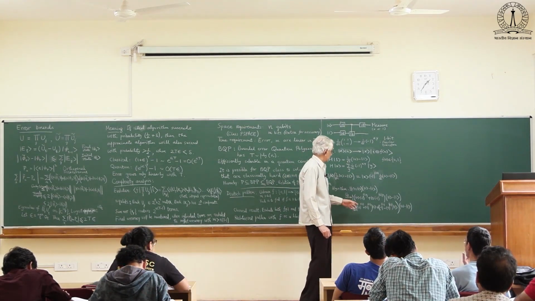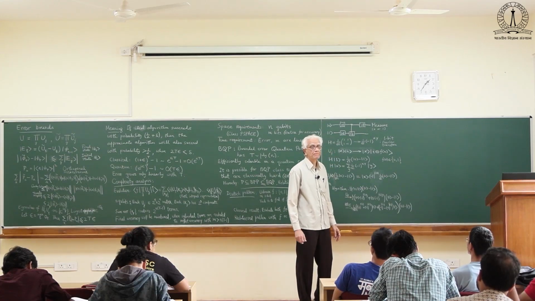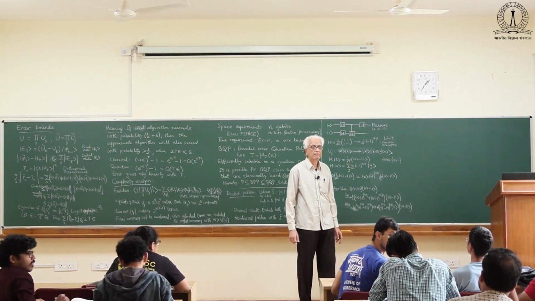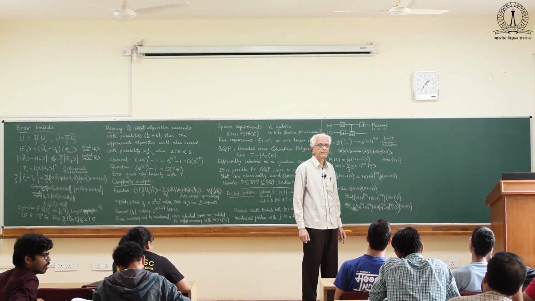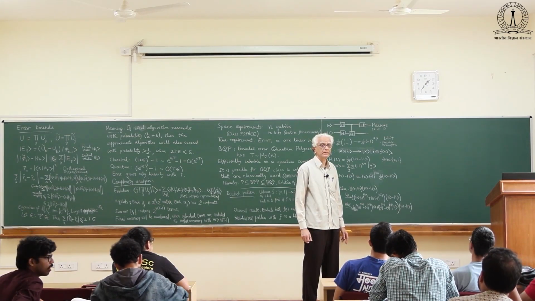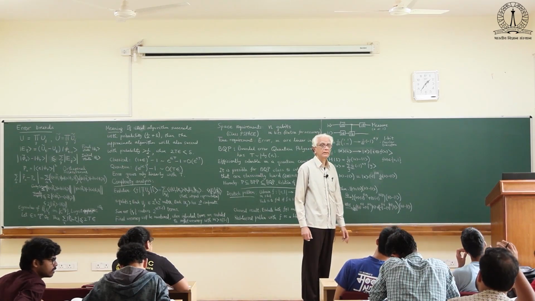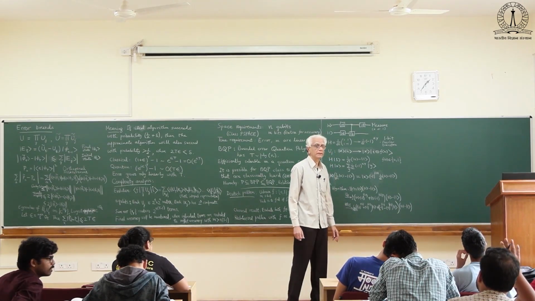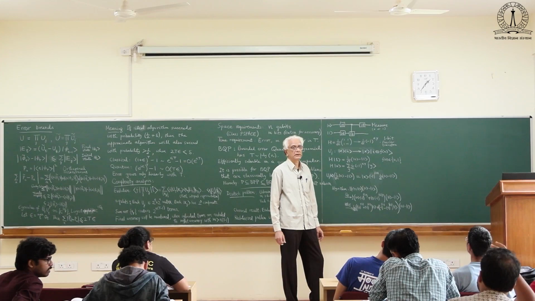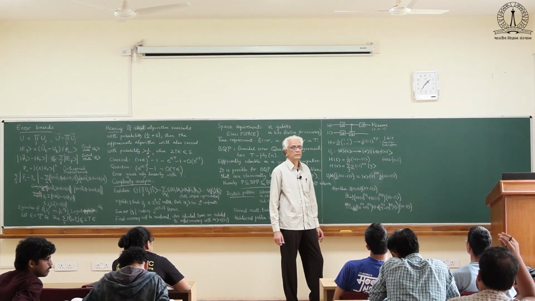Is UF acting on the second qubit, the one that is getting converted to 0 minus 1, instead of acting on 0 plus 1? The control qubit is 0 plus 1, after the Hadamard, and the second qubit is 0 minus 1. So is UF acting on 0 minus 1 or 0 plus 1?